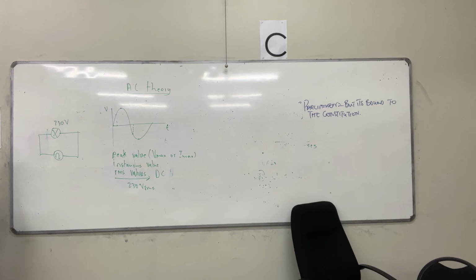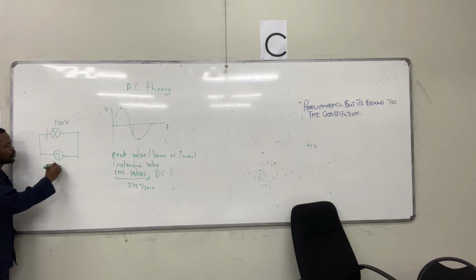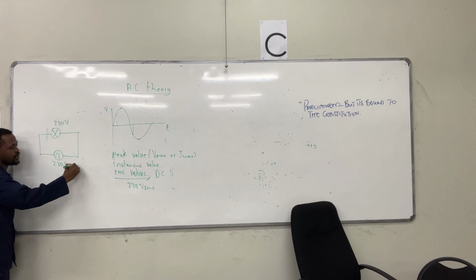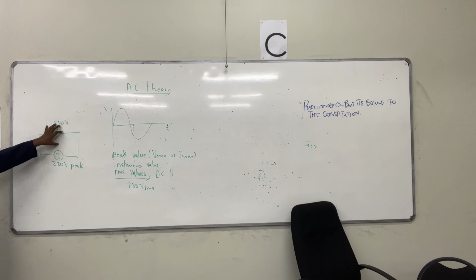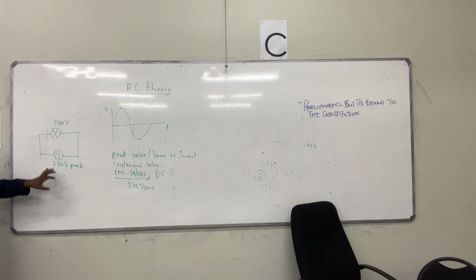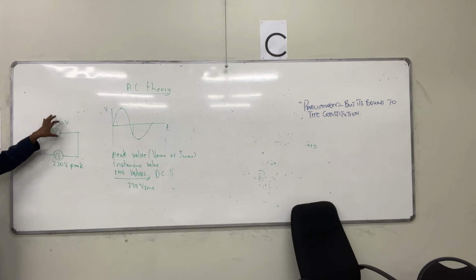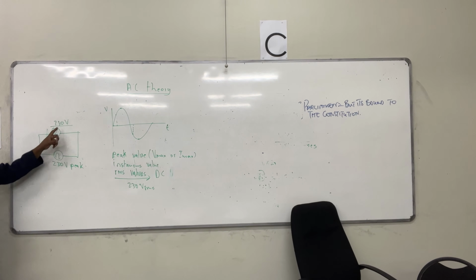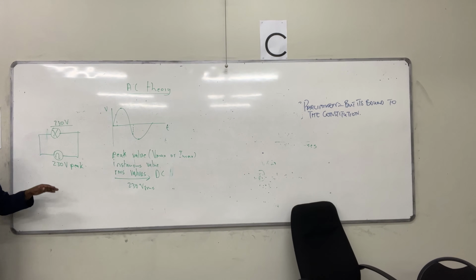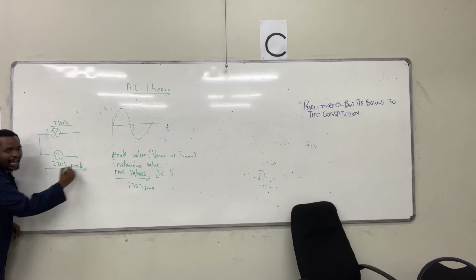But our source is giving us 230 volts peak in terms of AC. This bulb is not going to glow as it should, because it is not receiving that 230 constantly. This source is basically part timing.